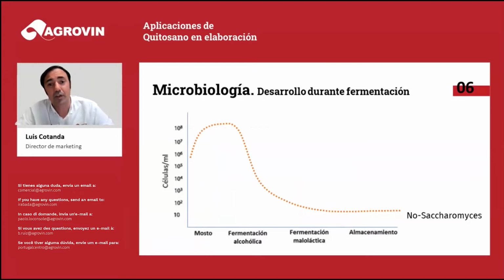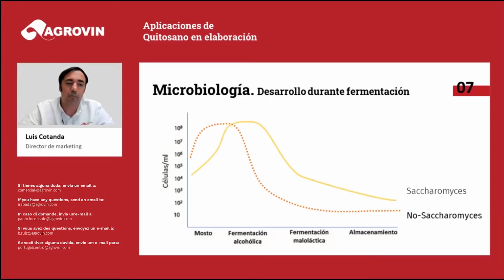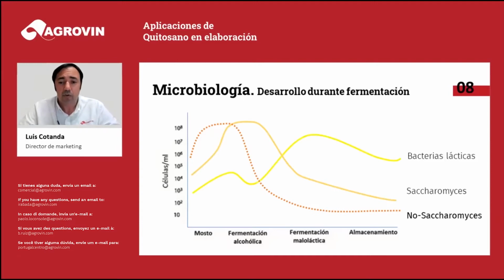And this is the case of Saccharomyces and non-Saccharomyces yeasts, which is an organism that is present in the grapes in the highest amount. And their initial presence can be high. They start their development, but the moment that Saccharomyces starts to develop and produce alcohol, the non-Saccharomyces population is going to be reduced.